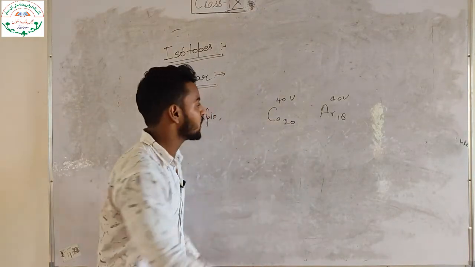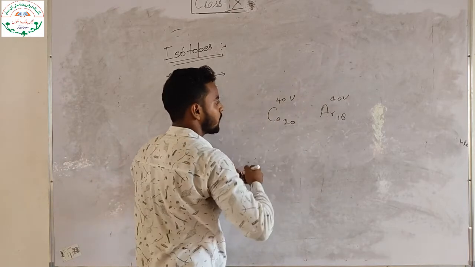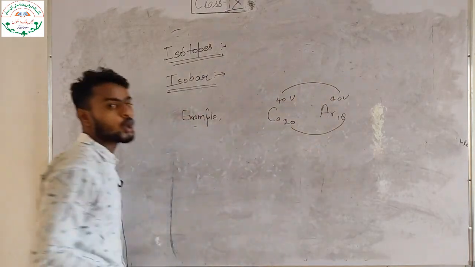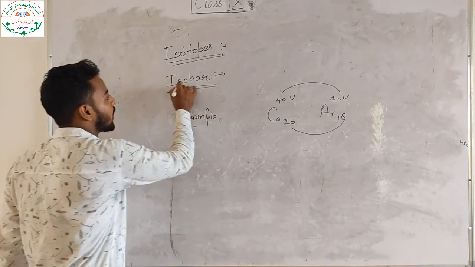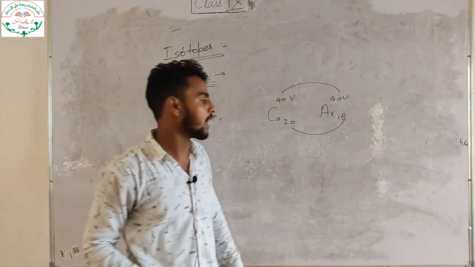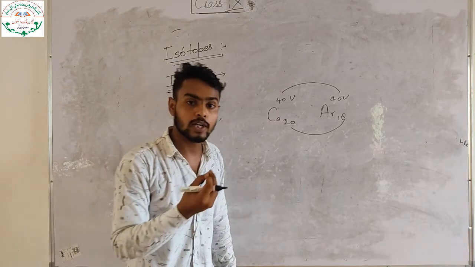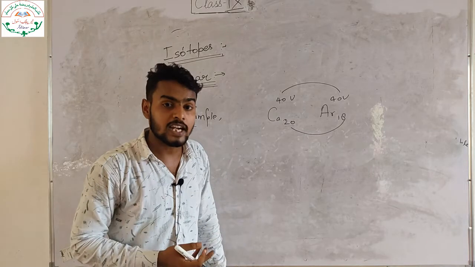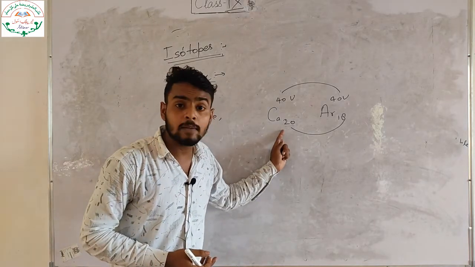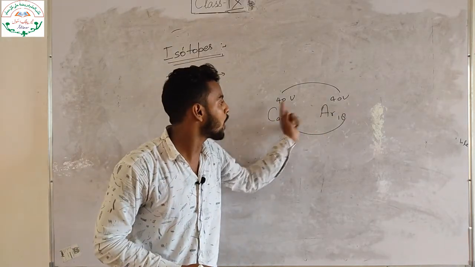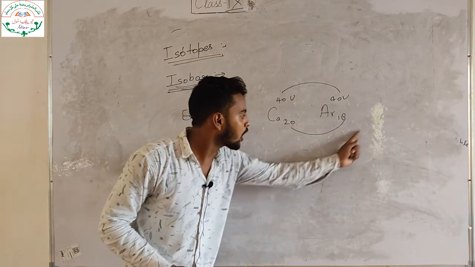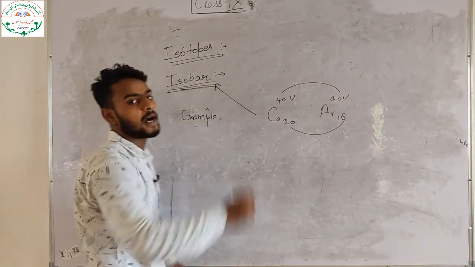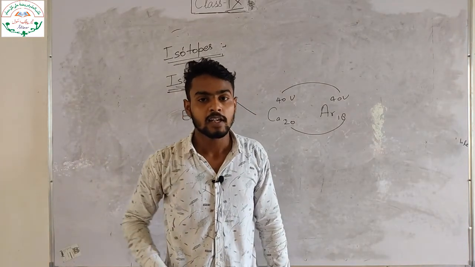Those elements which have similar atomic masses but different atomic numbers are known as isobars. That is our topic today.